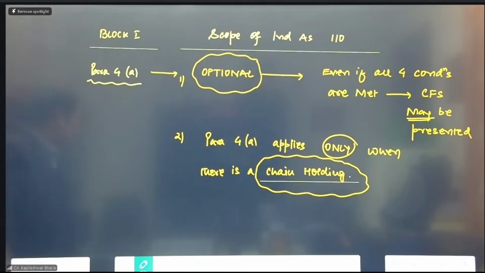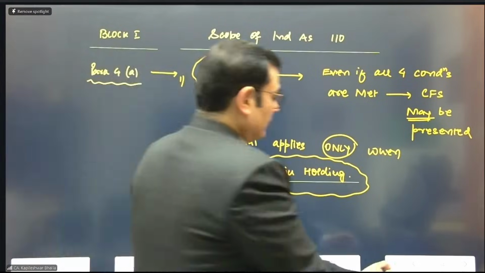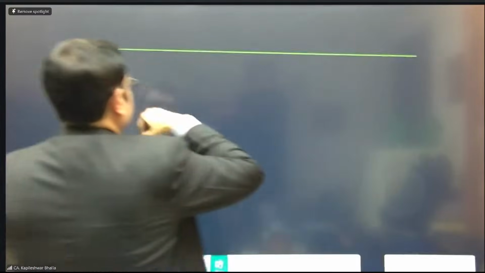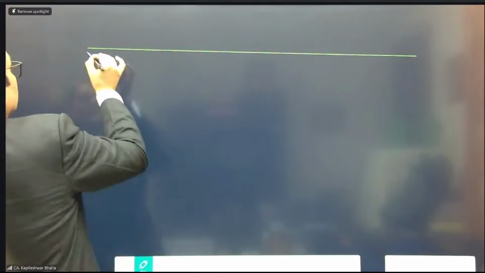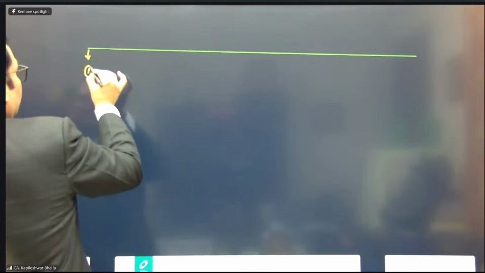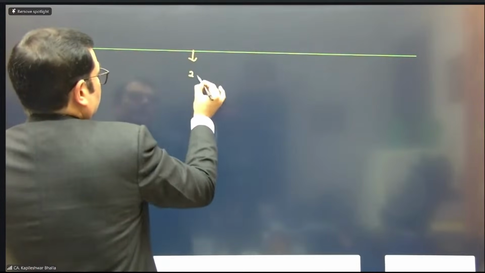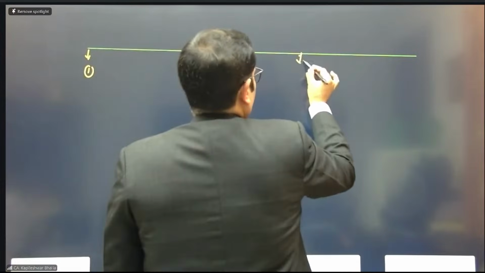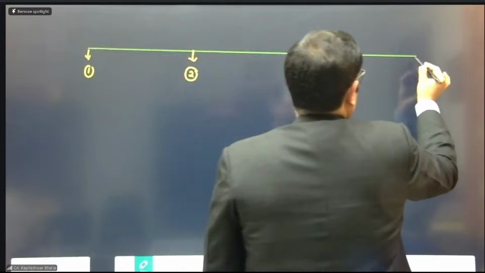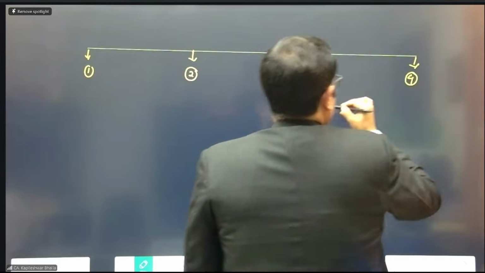Right, so let's also pen down the 4 conditions at this stage. As far as the 4 conditions are concerned, we'll put this in a small little diagram. So we've got condition number 1, condition number 2, condition number 3, and condition number 4.